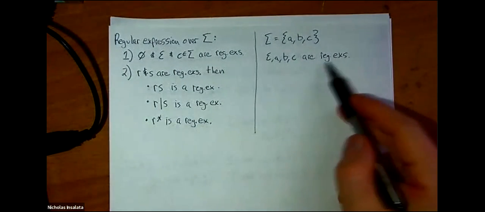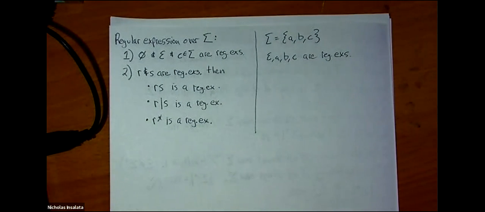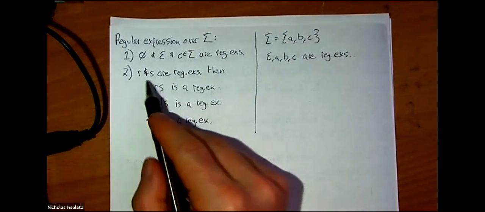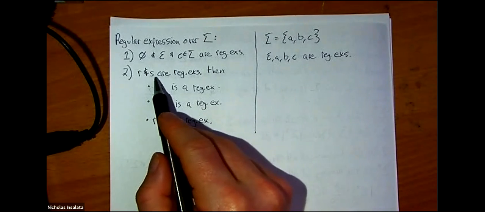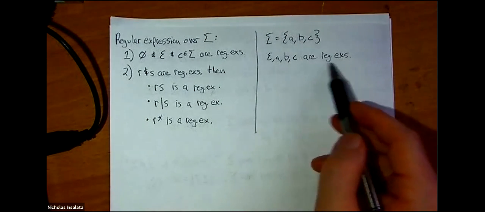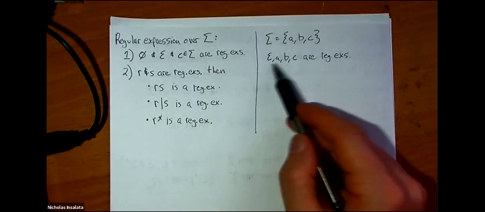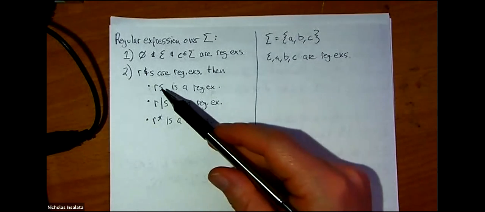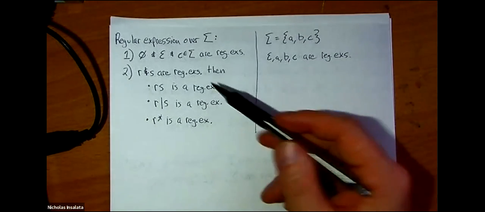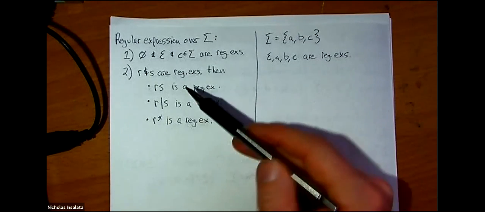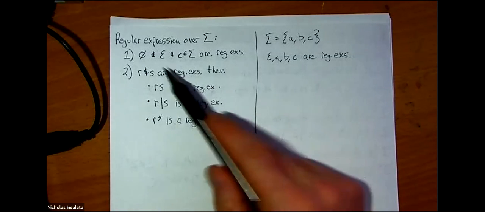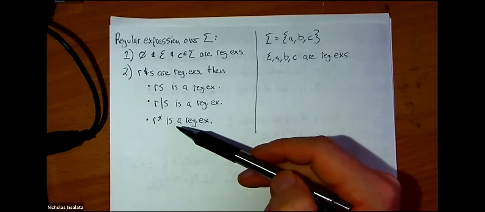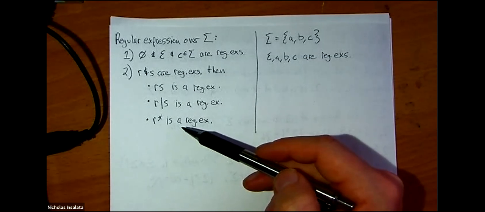Regular expressions, I'm just abbreviating regular expressions. Okay. So is a concatenation of any two regular expressions we have already. Well, here's what we're starting with. Here's our regular expressions we're starting with. We can concatenate those, right? This is operating recursively. These are like the base cases, and these are the recursive cases. So we have multiple base cases, multiple recursive cases, right? Or inductive cases, if you want to think of it that way.